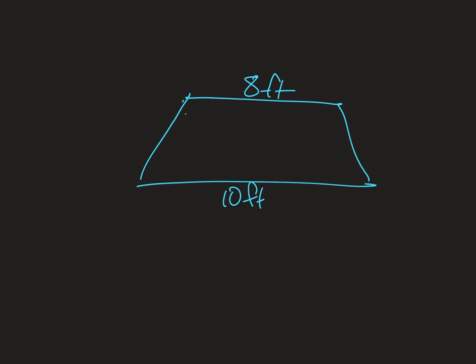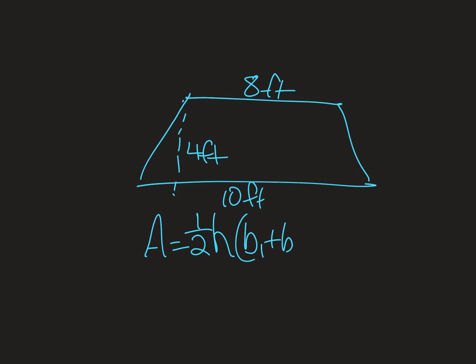Let's do a trapezoid. Okay, I think this is an 8-foot, 10 foot, and your height is 4 feet. So when I add B1 and B2 and then multiply by half of the height, okay, that's the formula.